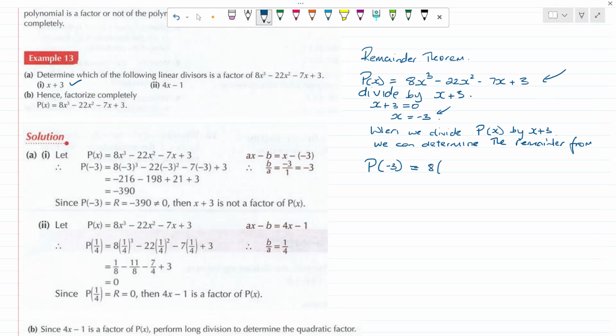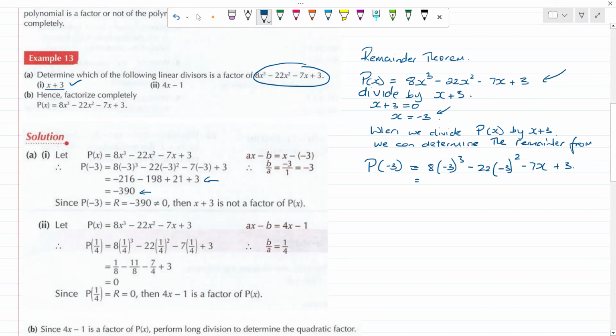So if we drop a negative 3 inside of here, this works out to negative 216 minus 198 plus 21 plus 3, which works out to negative 390. So this is the remainder when we divide this polynomial by x plus 3.